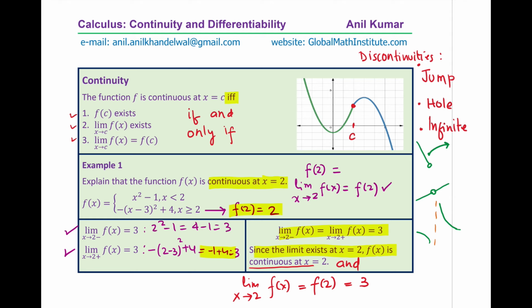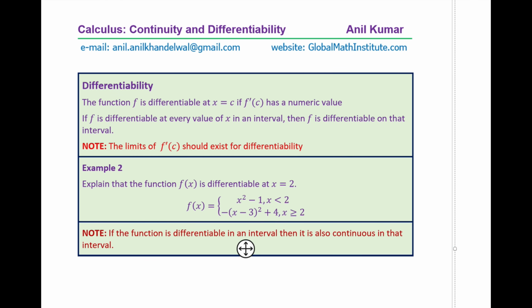You have three conditions of discontinuities, which are jump discontinuity, hole discontinuity, and if you have a vertical asymptote or infinite discontinuity. To prove that a function is continuous at a point, we basically have to prove these three things, right? Now with that in mind, let's move on to understand differentiability.